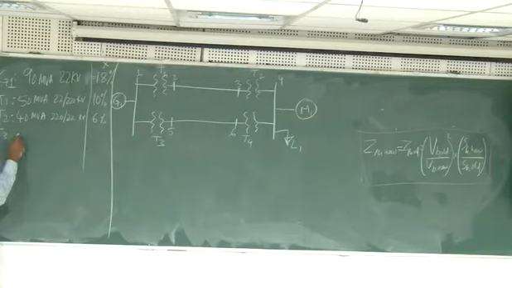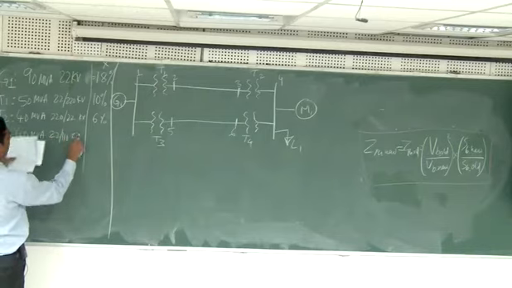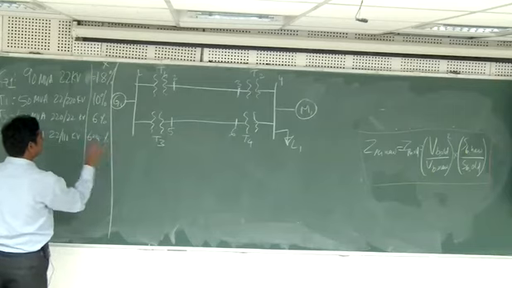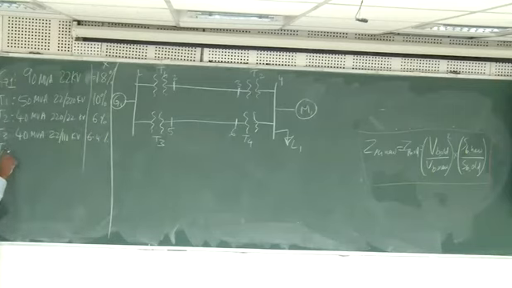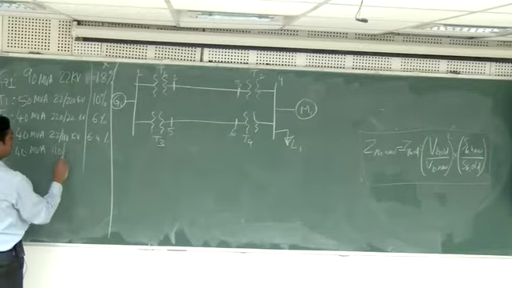T3 is 40 MVA, 22 by 110 kV, and 6.4%, and T4 is 40 MVA, 110 by 11 kV.